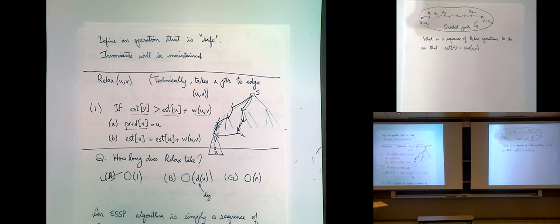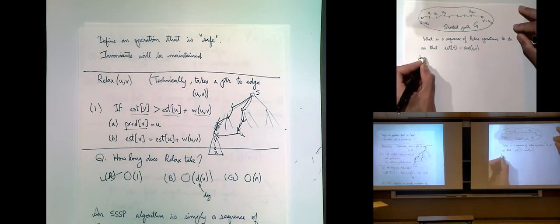Of course, this seems like nonsense, because I told you what the shortest path is, so obviously you know what the sequence is. But remarkably, you can use this to prove Bellman-Ford works. So let me write this down, and hopefully this will be clear.